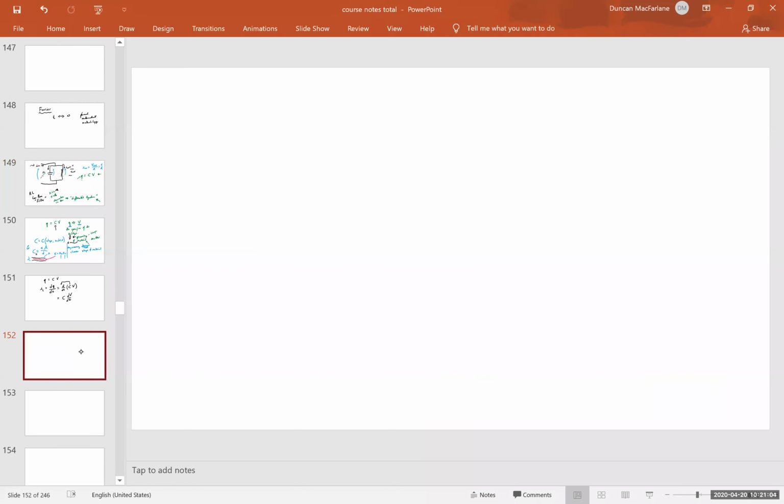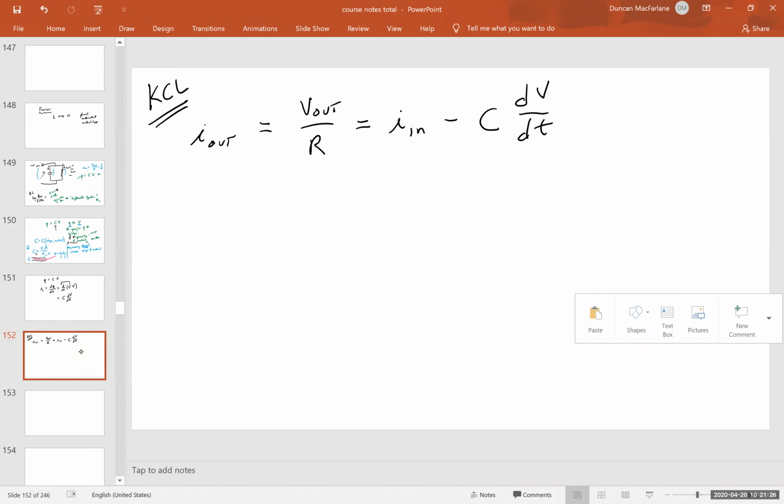And so I'll have I out is equal to V out over R, and that's equal to I in minus C dV/dt. So this is Kirchhoff's current law, and it tells you that the input current splits into two components. One goes through the capacitance, and one goes through the resistance.